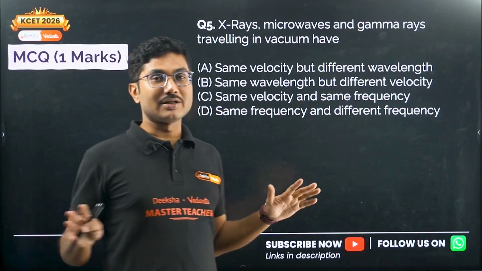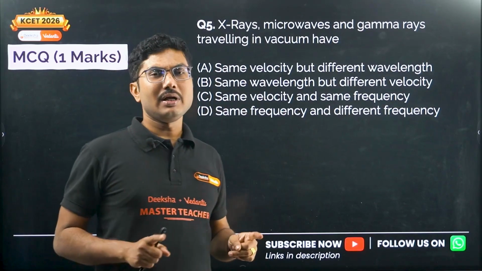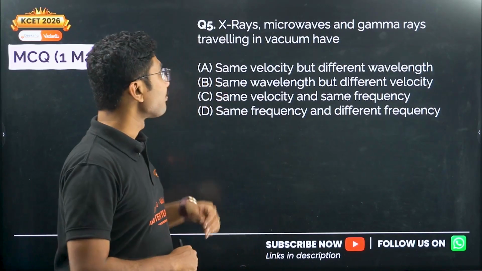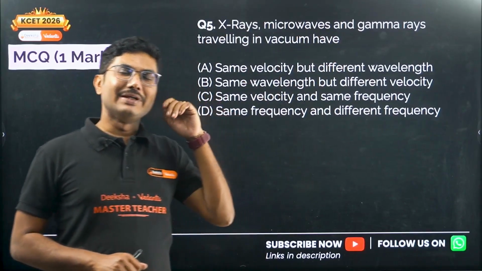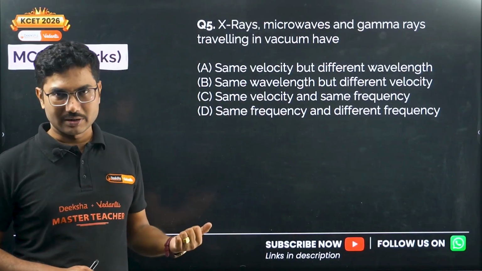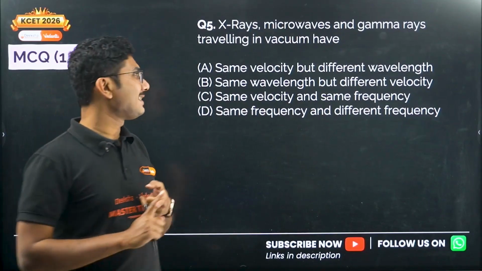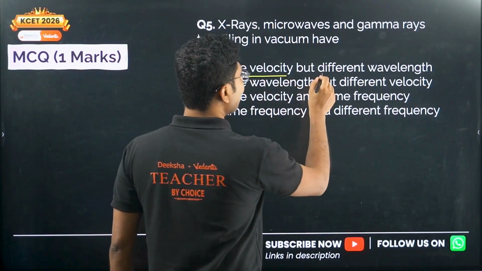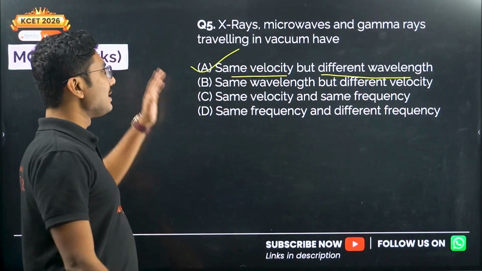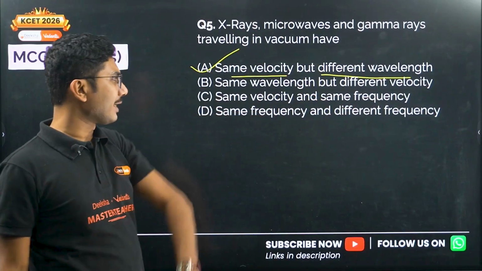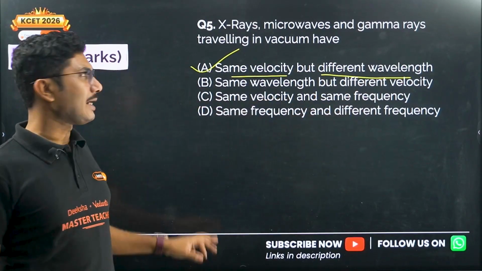It does not matter whether it is a visible ray, a gamma ray or an X-ray, all rays travel with the speed of light. But X-ray, gamma ray, microwaves and all other rays have different frequencies and different wavelengths. Frequencies and wavelengths are different, but speed is the same. So same velocity but different wavelength. Same velocity, different frequency could also be a correct answer, but here same velocity, same frequency is given, so that is not a correct answer.